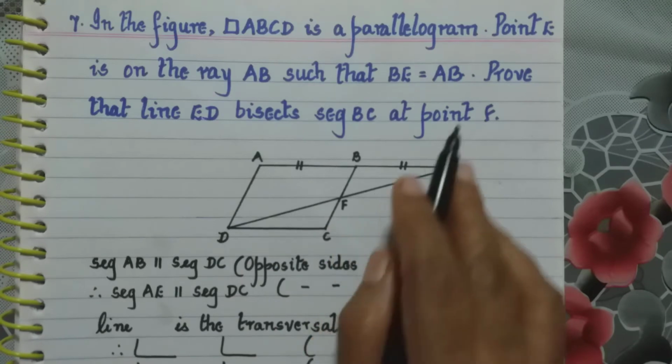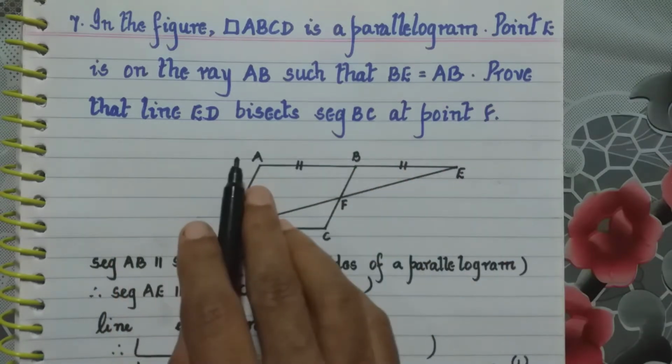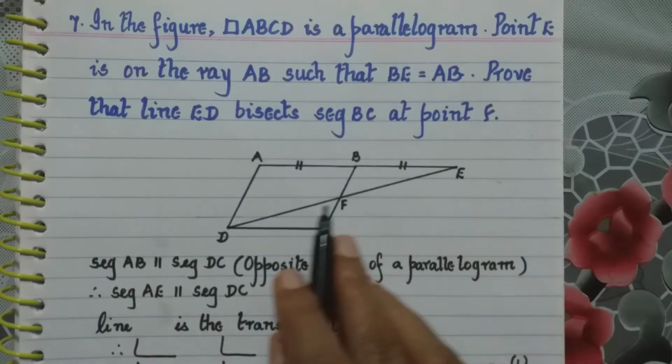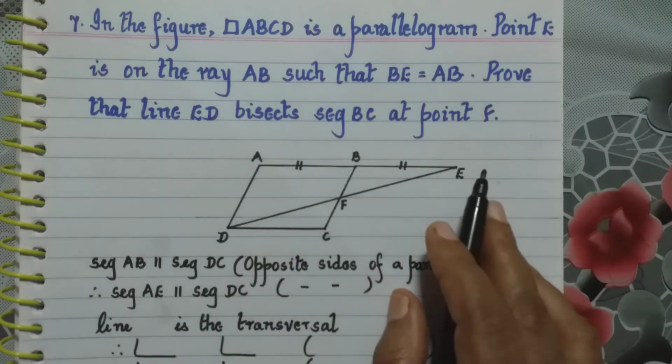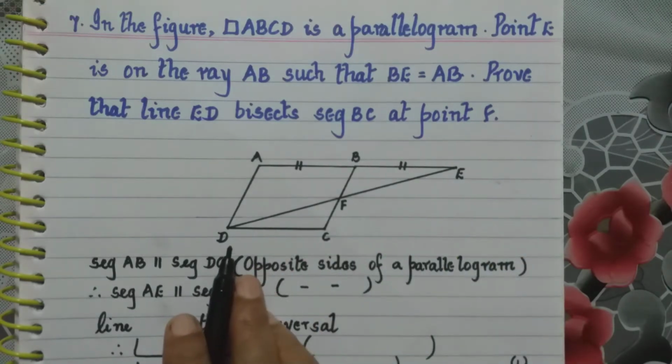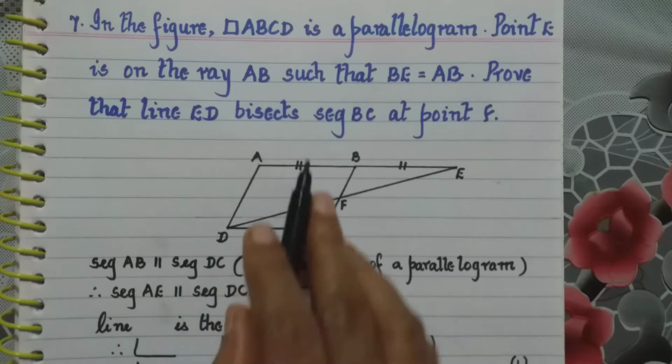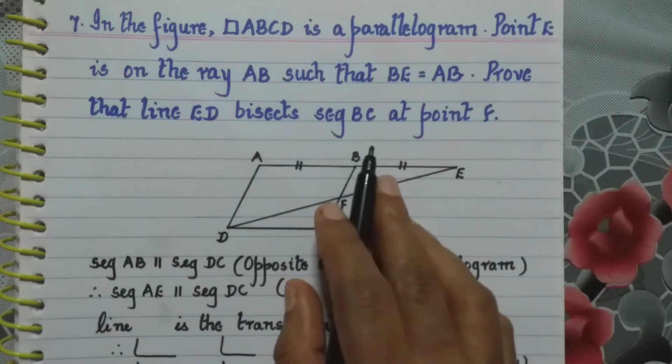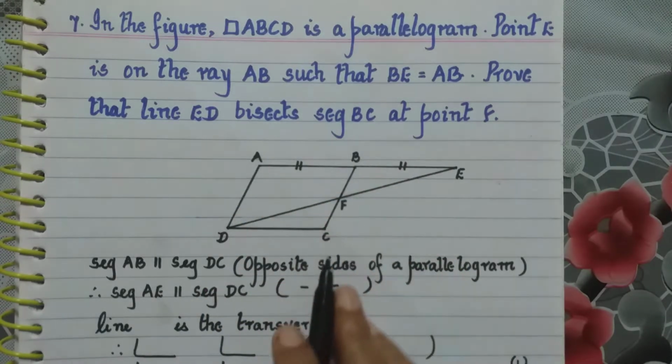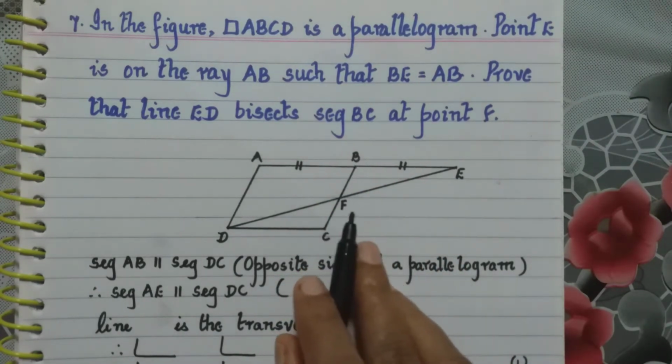Now further, prove that line ED, that is this line which is joining point E and this vertex D of this parallelogram, bisects segment BC, that is divides the segment BC at point F.